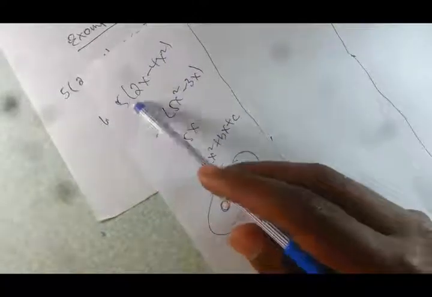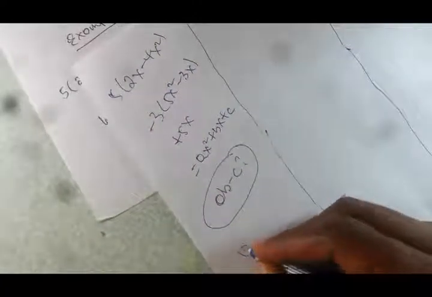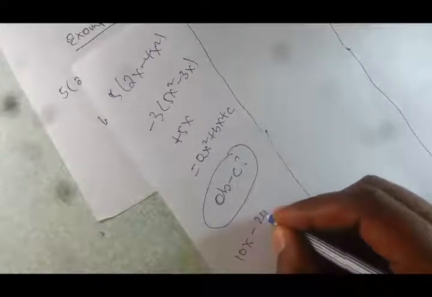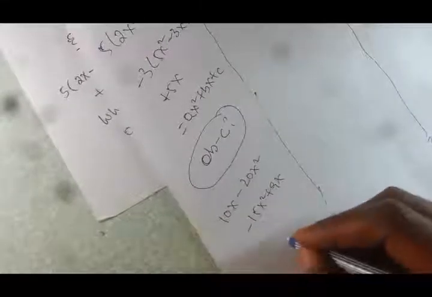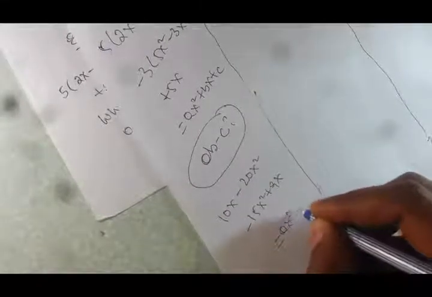Therefore first we have to multiply 5 by 2x, it becomes 10x minus 20x square minus 15x square plus 9x is equal to ax square plus bx plus c.